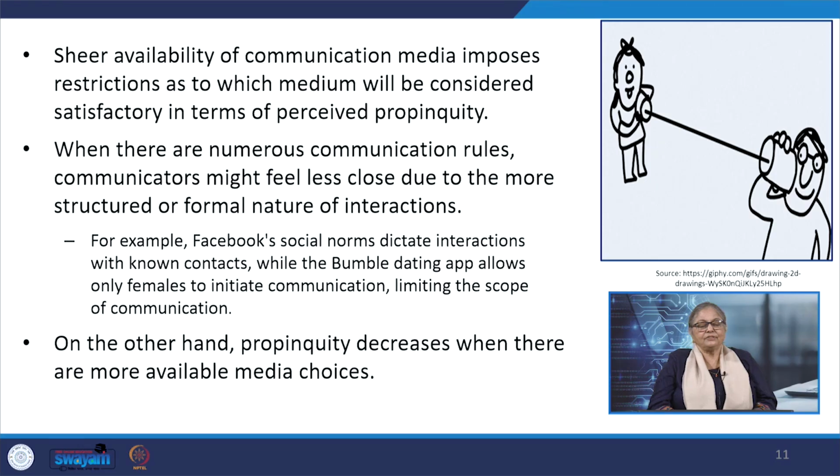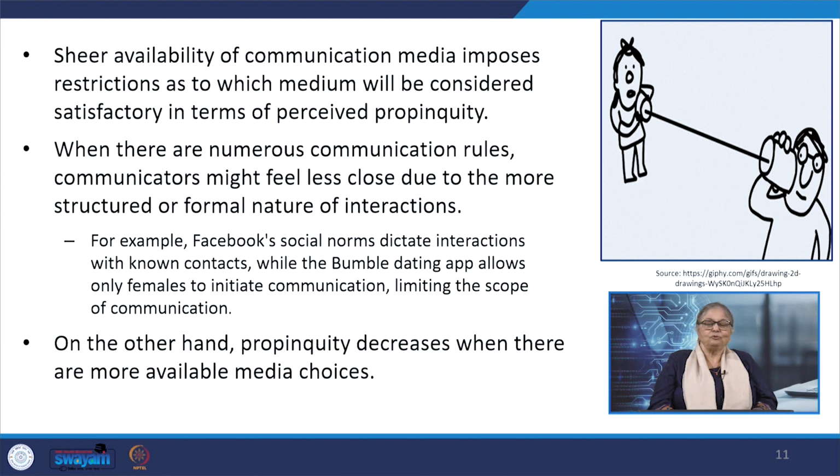On the other hand, in those media and online environments which have fewer communication rules, users can send a broader range of messages, fostering greater diversity in the sent and received messages. Sheer availability of communication media imposes restrictions as to which medium will be considered satisfactory in terms of perceived propinquity.